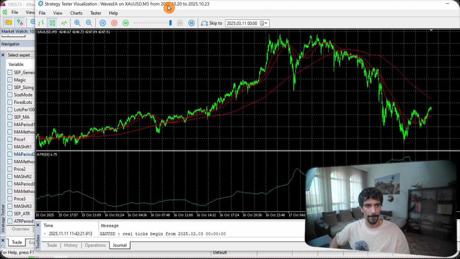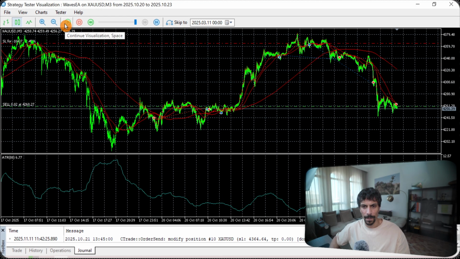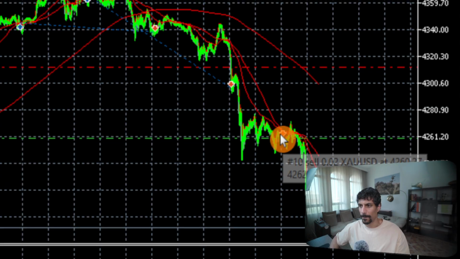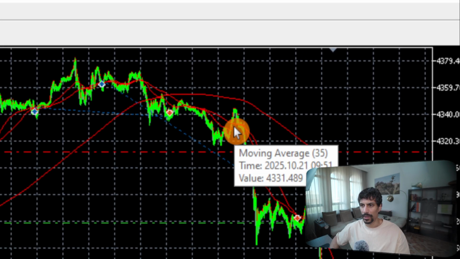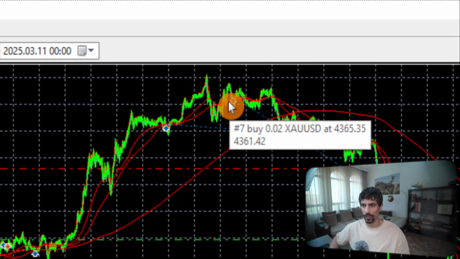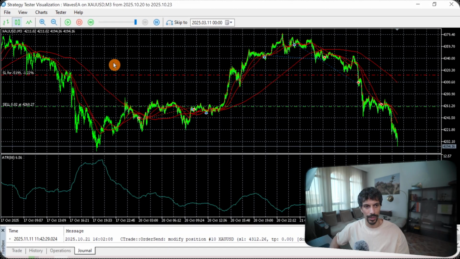Okay. So it entered over here, but didn't enter over here because it was already in a trade that it entered over here. So it did kind of work. Let's see how this plays out.